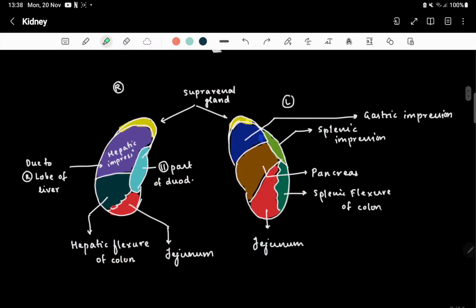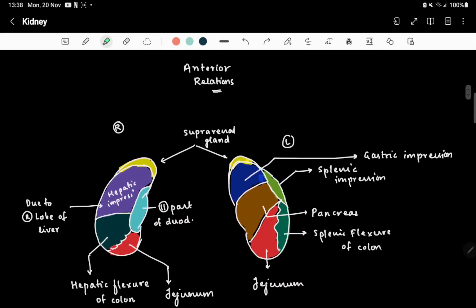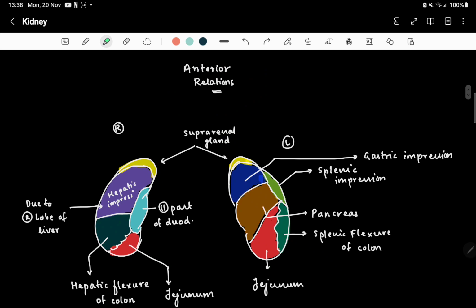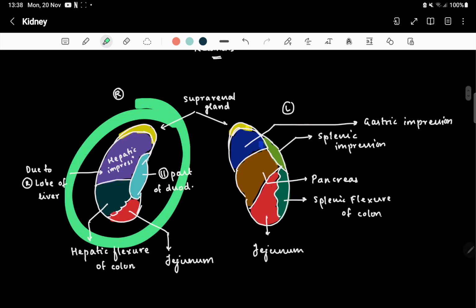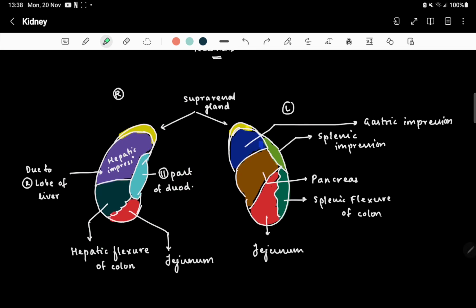Talking about the relations of the left and right kidney, let's talk about the anterior relations. You have a trick to remember: just think what structures are present on the right. You have the liver, and the second part of the duodenum must be present. Then the hepatic flexure of the colon, and the jejunum.